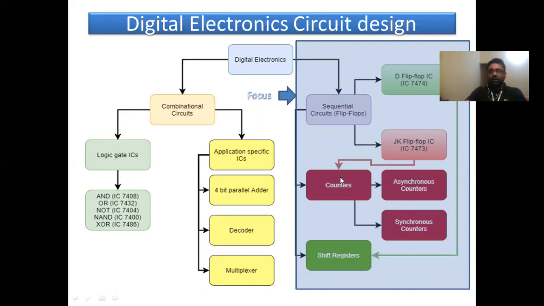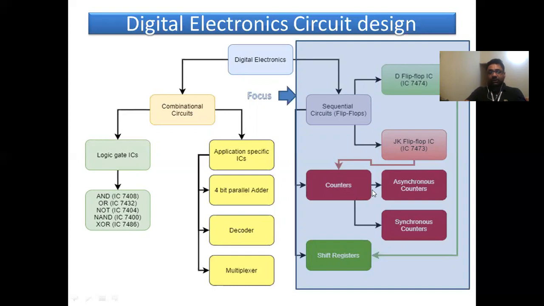Toggle is easily doable with JK flip-flop when J and K both are 1. So when J and K both are 1, the JK flip-flop will work in toggle mode. Toggling is an operation which is required for counting. That's why mostly in a synchronous counter, we see that toggle operation.